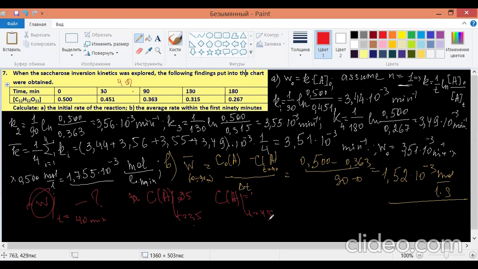These two time points are close to each other, and that makes the average W calculation close to the instantaneous rate calculation.